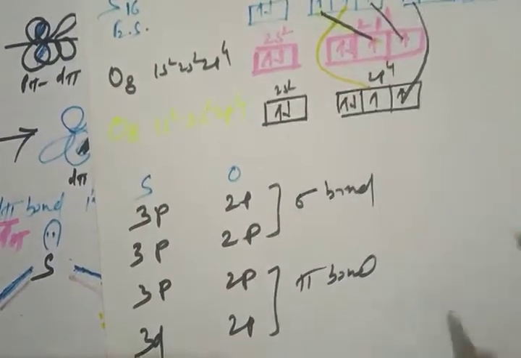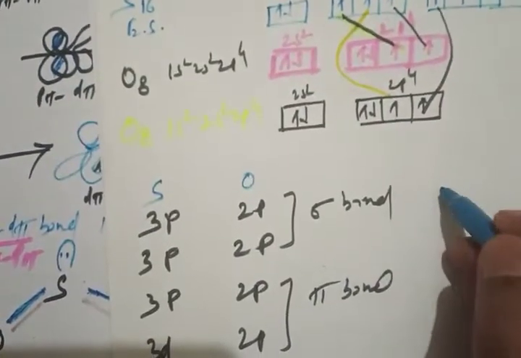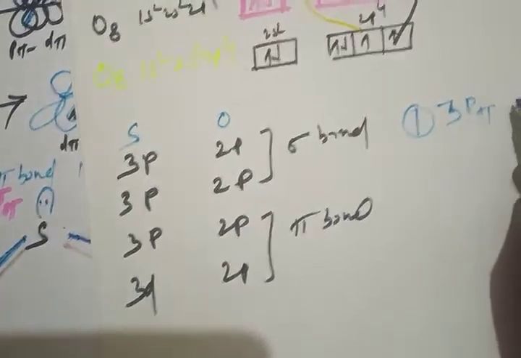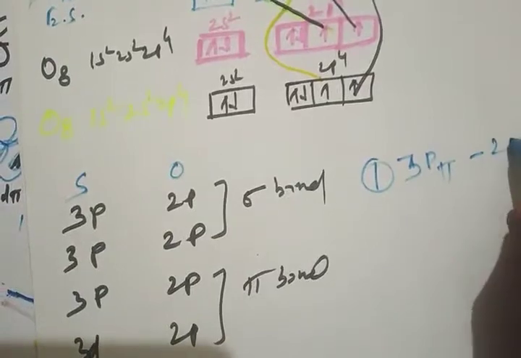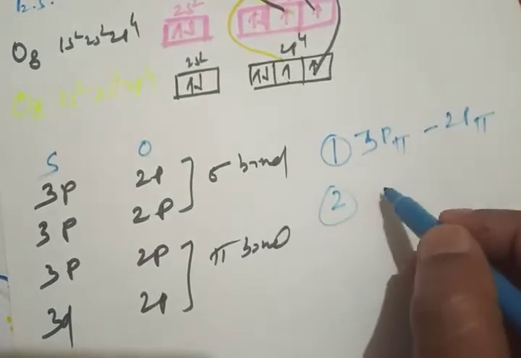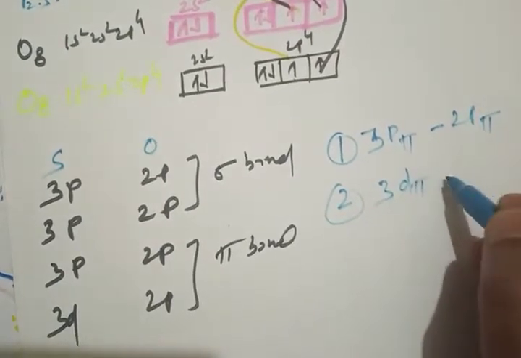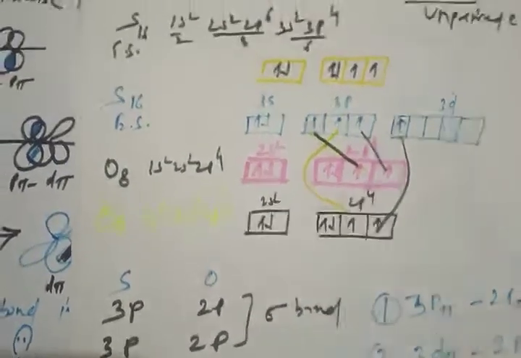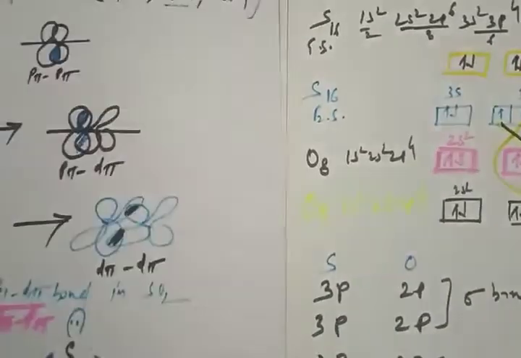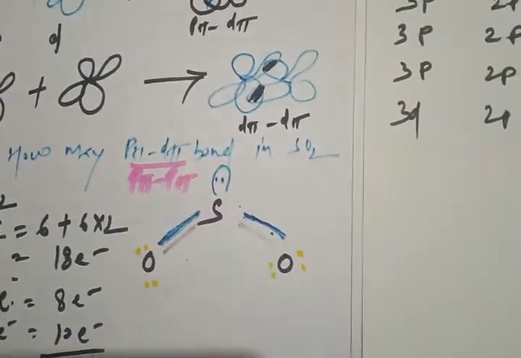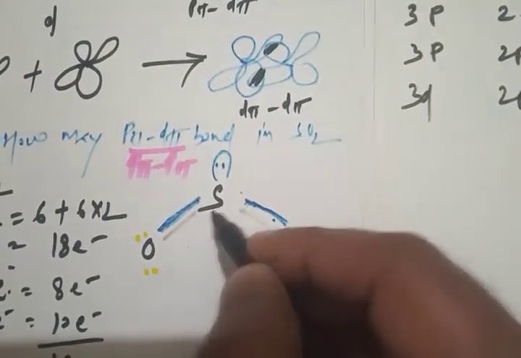So the answer is we have one 3p pi and 2p pi, and we have one 3d pi and 2p pi. Got it? So this is the structure of sulfur dioxide.